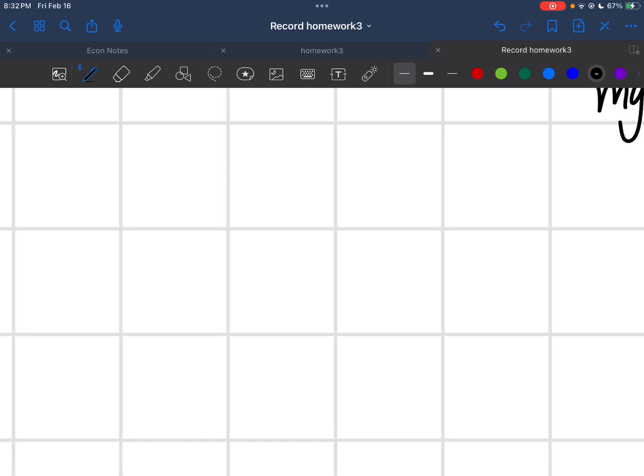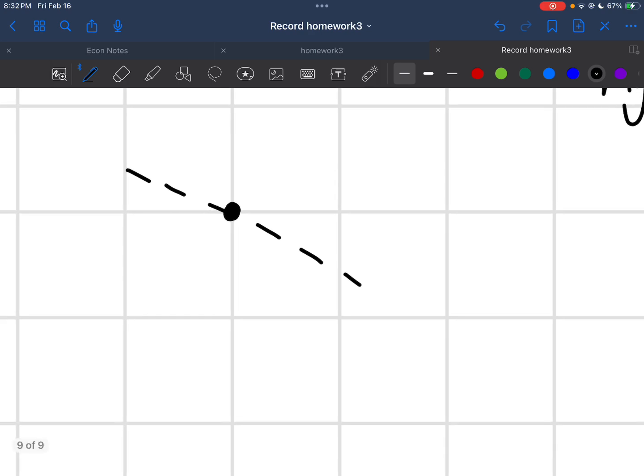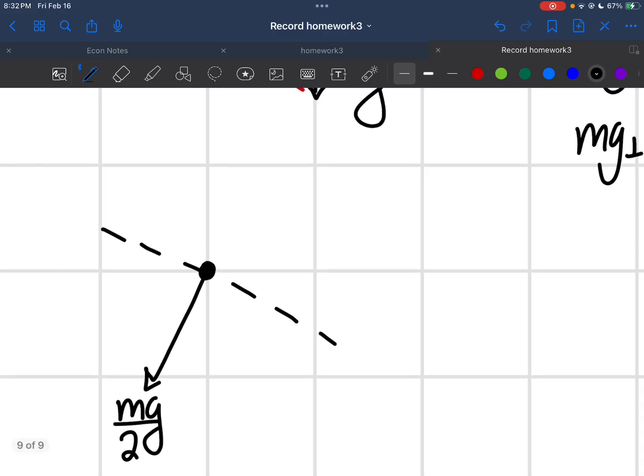So as I like to do, I'm going to redraw my force diagram just with my vector components so I can keep track of what's going on. So I have my mg perpendicular, which was my mg over 2. I have my normal force, which again is still perpendicular to that surface.